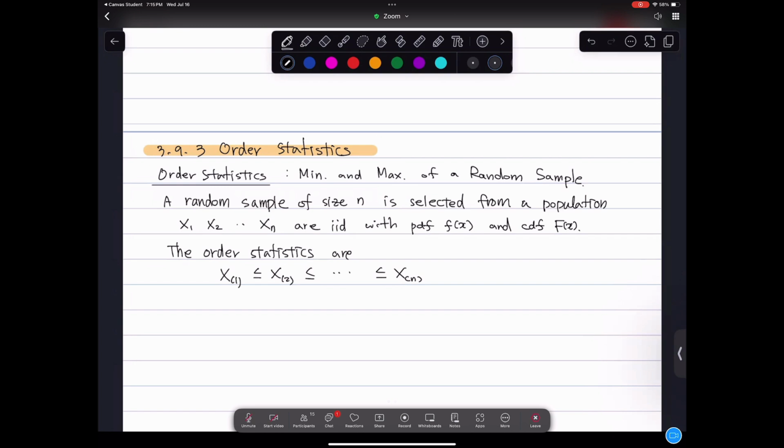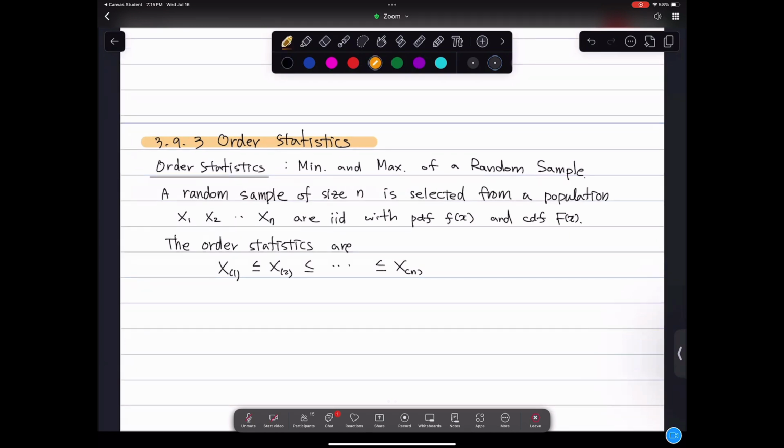So the values are in order, smallest to largest. This is the smallest, the minimum. This is the largest, the maximum. That's how we typically write them down.